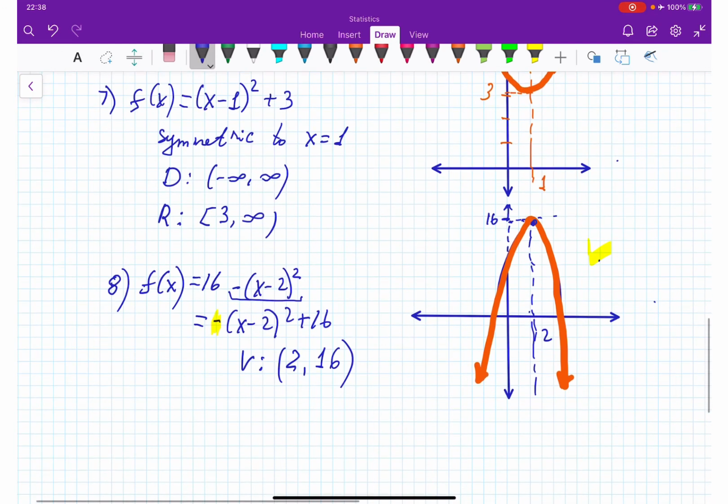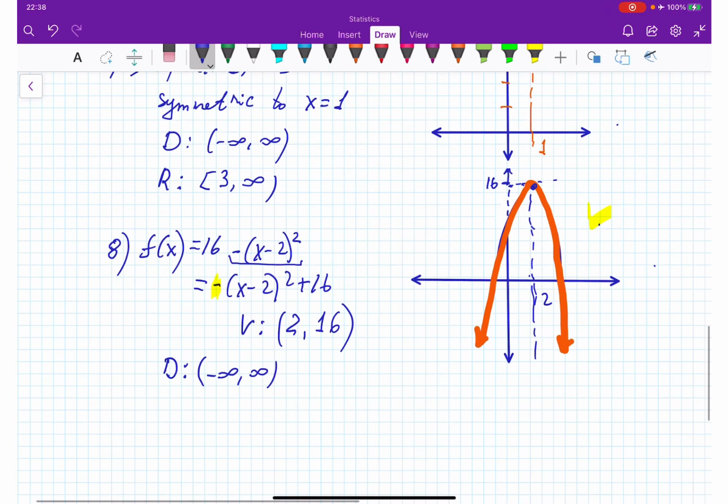Now, domain, again, is going to be negative infinity to positive infinity. But the range, where is it at the end, 16? So since y is growing, this is negative, this is positive.